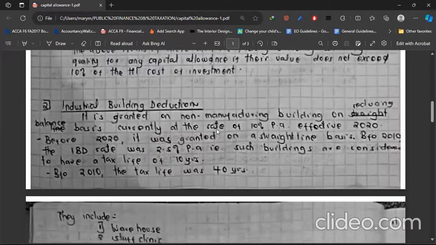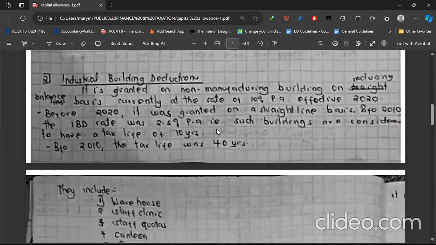Now, number two, we are discussing the industrial building deductions. Under the industrial building deductions, what we are supposed to know is that it is a bit different from the one we have discussed up there, where we were discussing investment deductions.